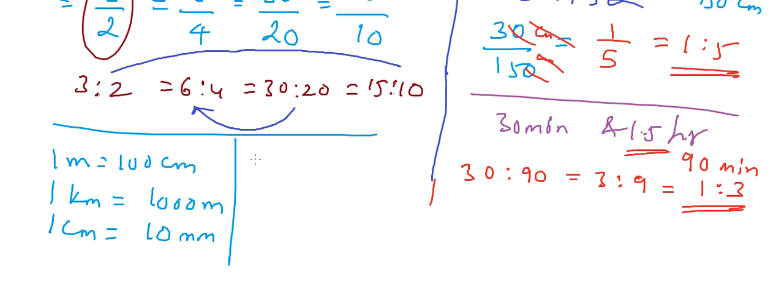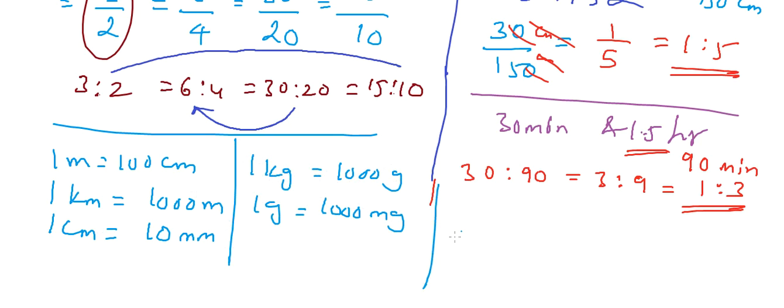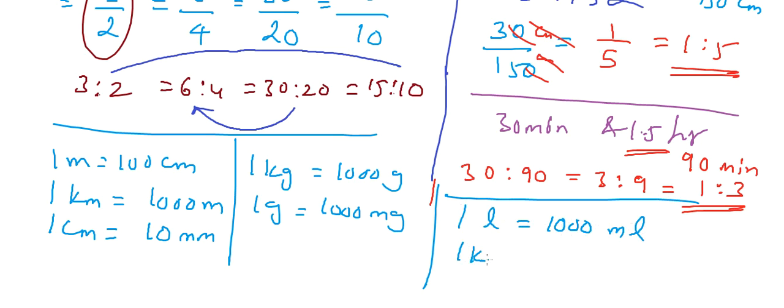This is about length, and about weight, 1 kg is 1000 gram, and 1 gram is 1000 milligram. Similarly, 1 liter is 1000 milliliter. And there is something called kiloliter. 1 kiloliter is 1000 liters.